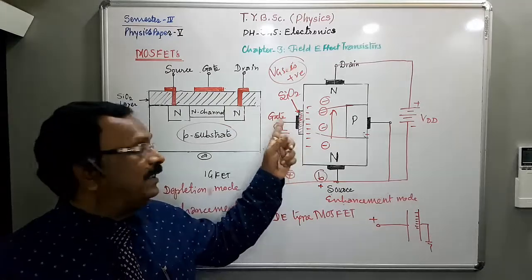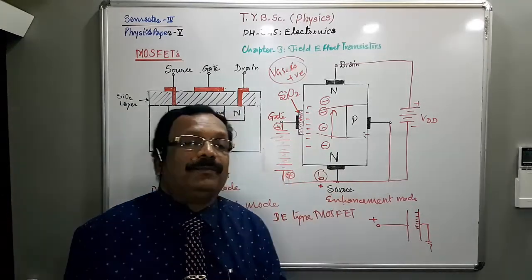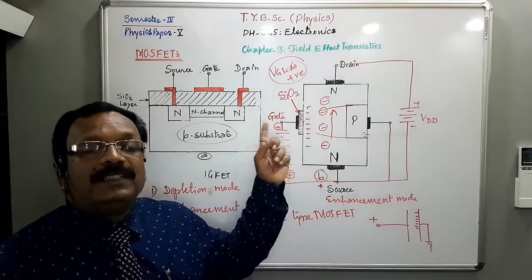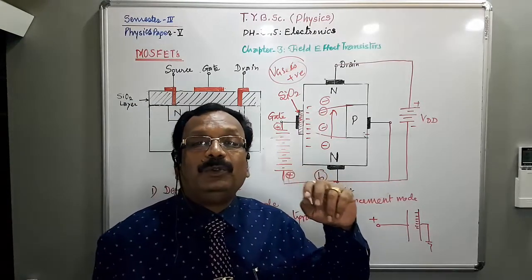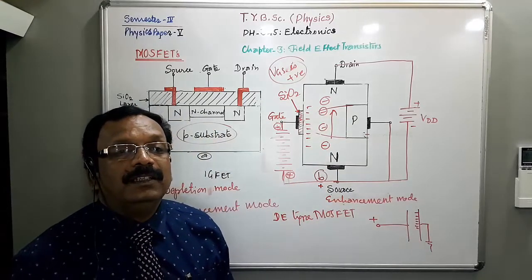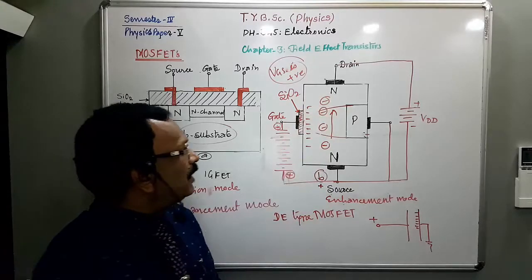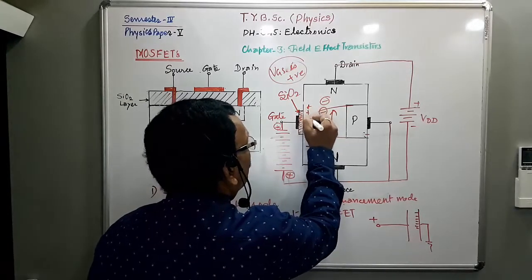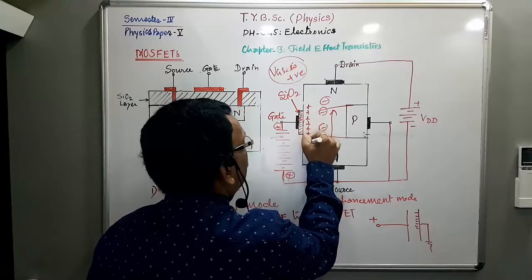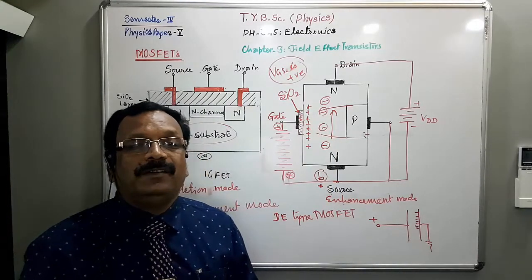Now here in depletion mode, depletion means to decrease, to deny. A depletion type N channel MOSFET with negative gate-to-source voltage is shown in this figure. The negative gate voltage induces positive charge on the side of the channel. What I say?